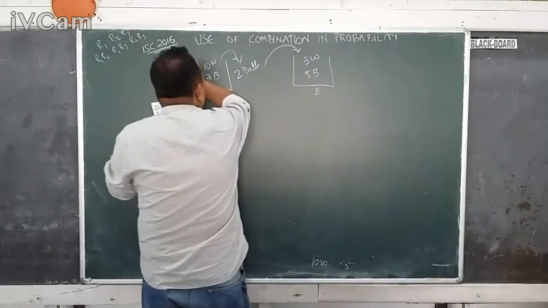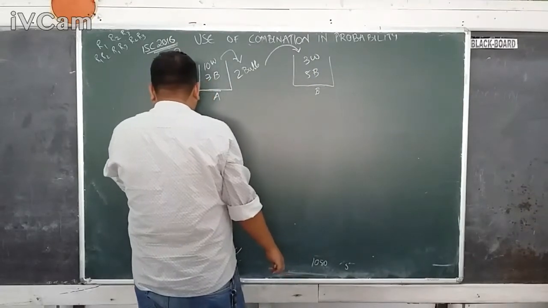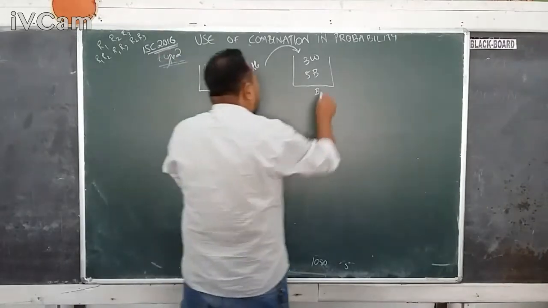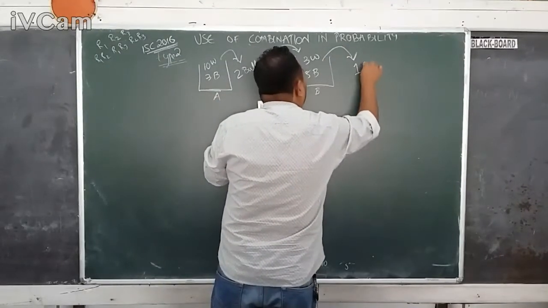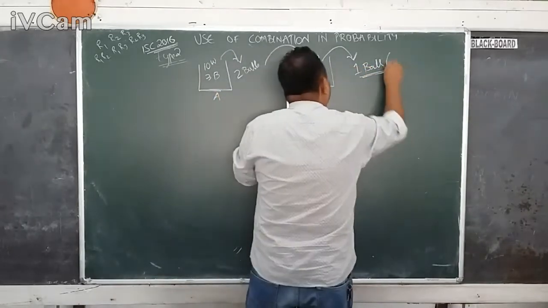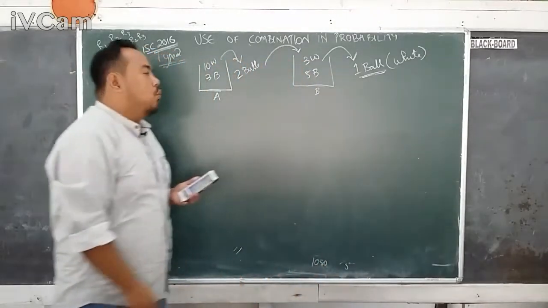That is why this is type 2. And a ball is drawn from the second urn. You are taking out one ball from the second urn. Find the probability that the ball drawn is white.